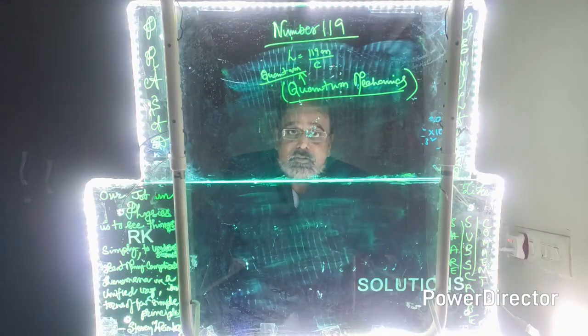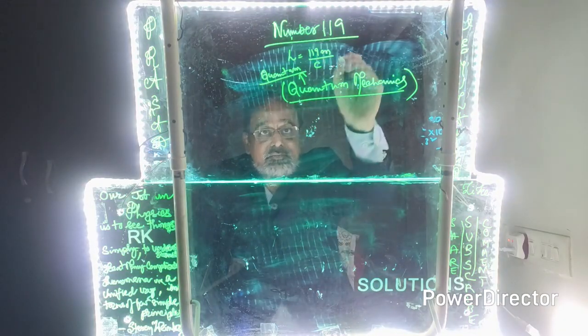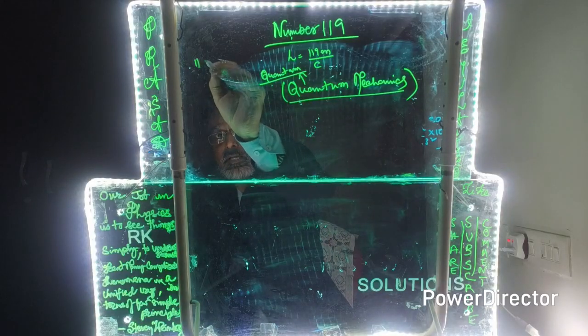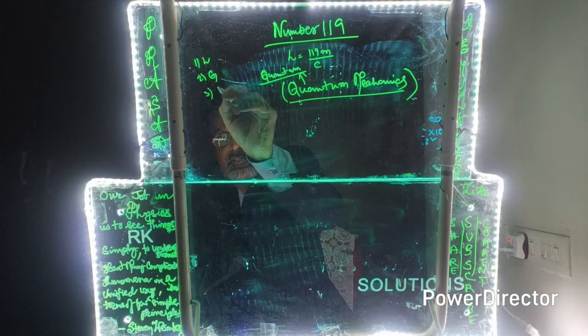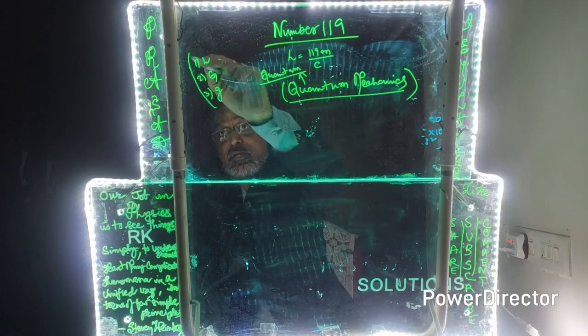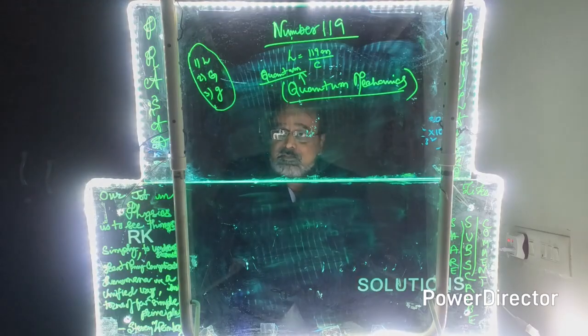As I told you just now, one is h, two is G, three is small g. And these three constants, in fact, rule mechanics.